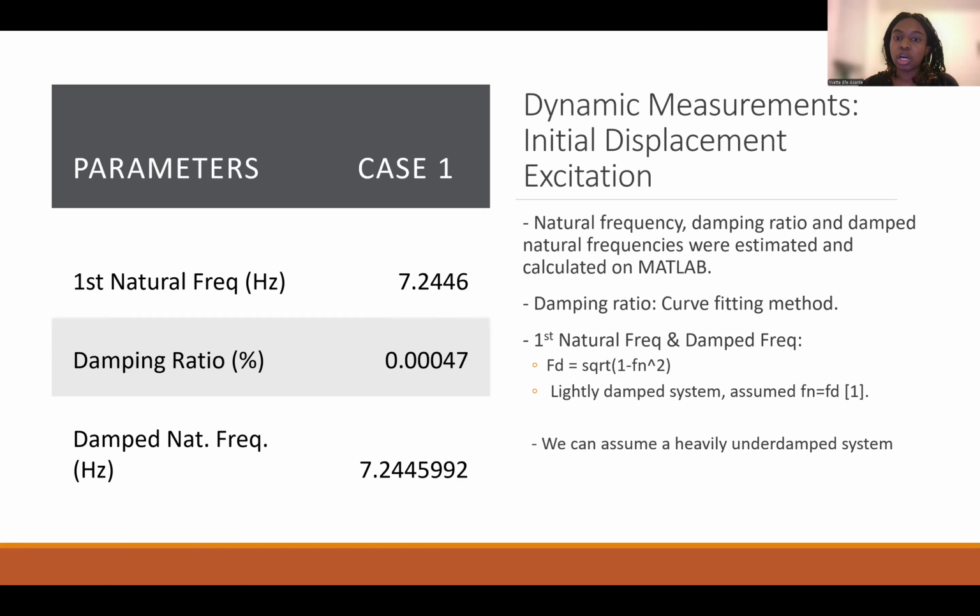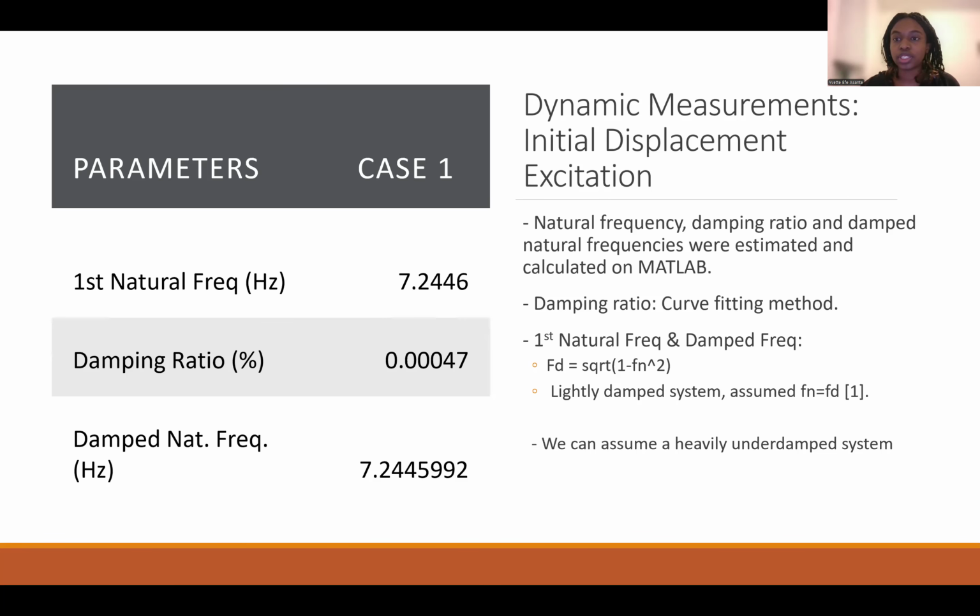Here, a curve fit was applied over the displacement graph, and then we used a series of calculations to determine a damping ratio of about 0.00047. This would be the case for both case 1 and 2 since they were displaced and excited in roughly the same manner, since you do have to factor in human error and experimentation.